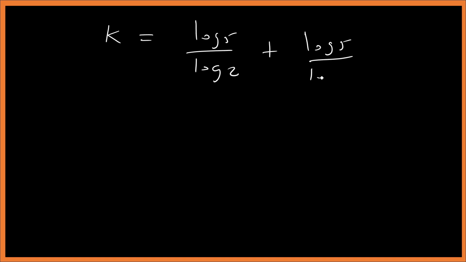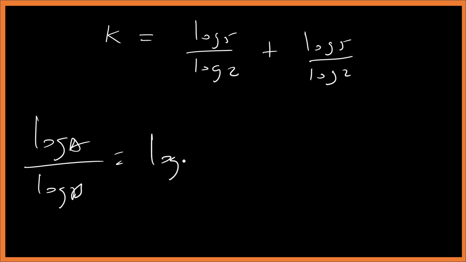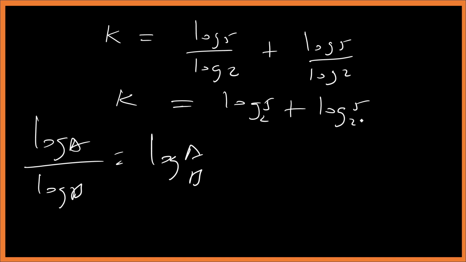So my k will be log 5 over log 2 plus log 5 over log 2. When we're given log A over log B, it's the same as log A to base B. So this side will be log 5 to base 2 plus log 5 to base 2.